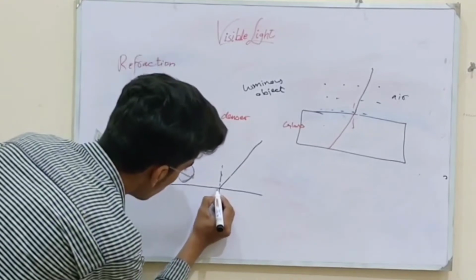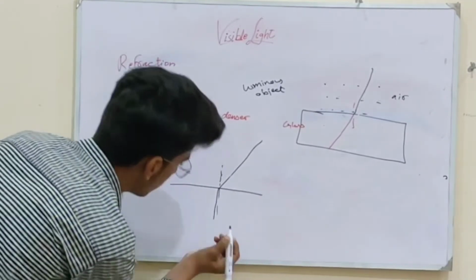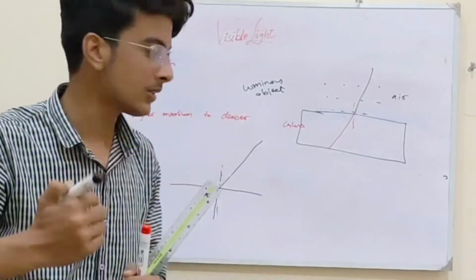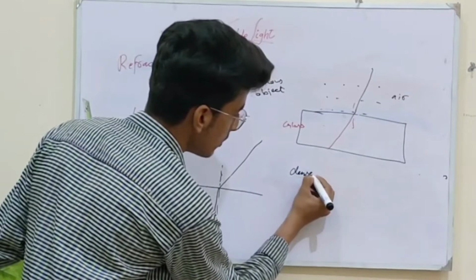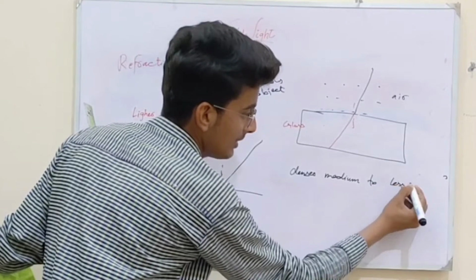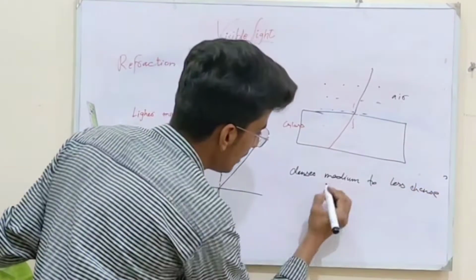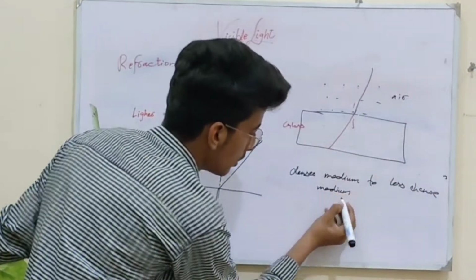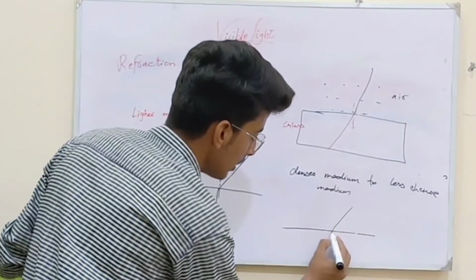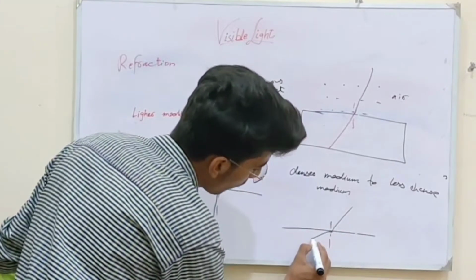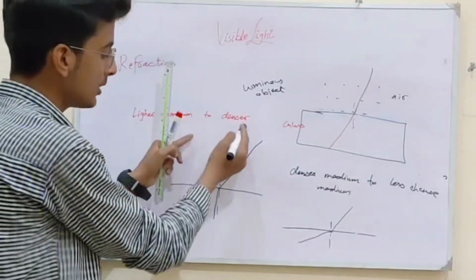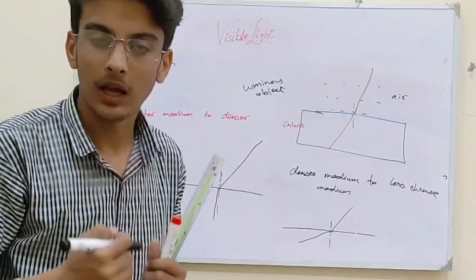It would go towards the normal. But when the ray is passing from the denser medium to a less dense medium, the ray would go away from the normal. For example, this is the surface. If this is the normal, it would go away from the normal. But from a lighter medium to a denser medium, it would go towards the normal.